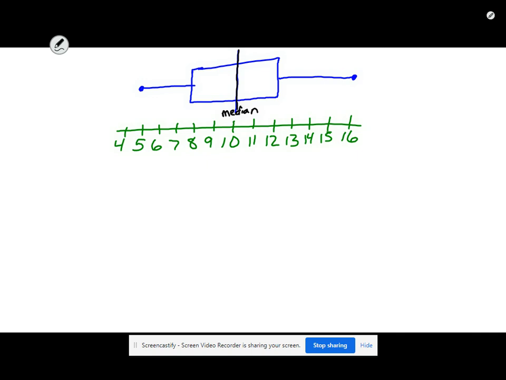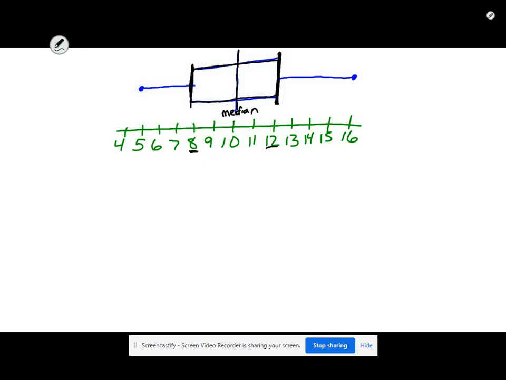Nope. This is my interquartile range, my box. So the median of my upper quartile is this end of the box. So the upper quartile is at 12. The lower quartile is at 8.